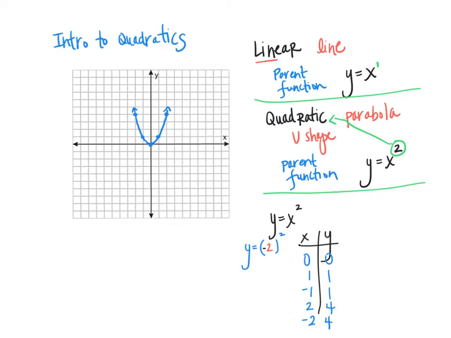Now notice we are going to refer to this graph or parabola as opening up. When it opens up and it keeps going up, it's going to have a minimum point. So we're going to call this a minimum.